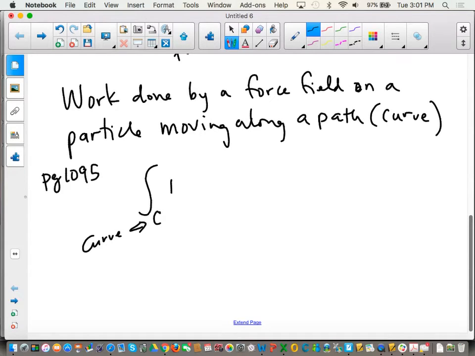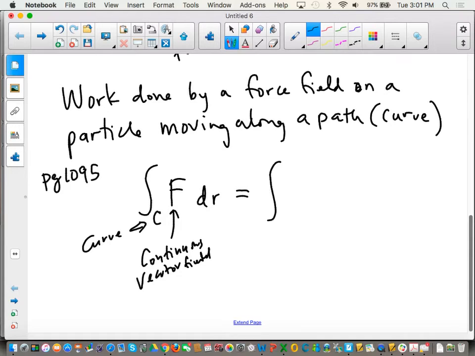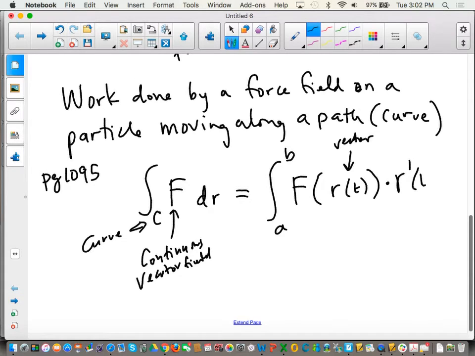Capital F is your continuous vector field, force field, dr. So this is our goal, and you're going to do that by taking the integral from a to b of the composite F of r of t, this is your vector, dot product with r prime of t dt.